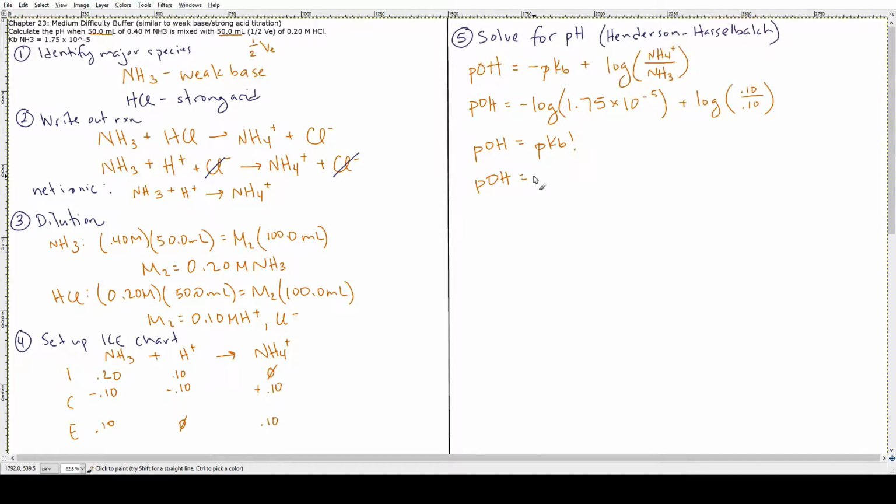Let's actually figure out what it is, though. So what is the negative log of 1.75 times 10 to the negative 5? I should say it's equal to the pKb. So you end up with 4.76. We have 3 sig figs in here, so I guess I should say actually 4.757.